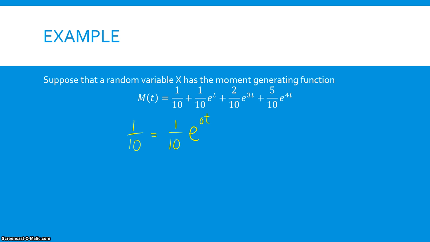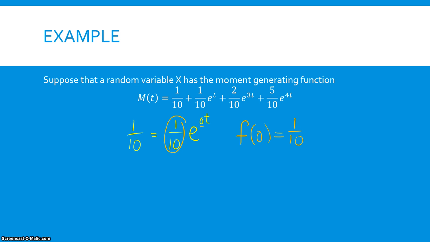So the first term of this moment generating function can be rewritten. 1/10 is equal to 1/10 times e raised to the 0t power. So 0 is a possible value our random variable may take on, and it will take on the value 0 with probability 1/10. This means that f of 0 is 1/10.